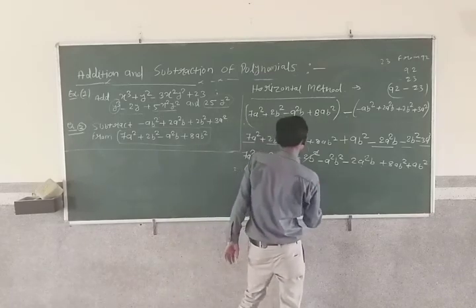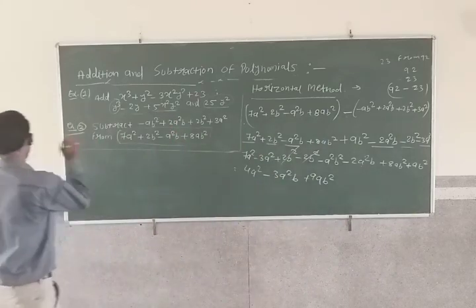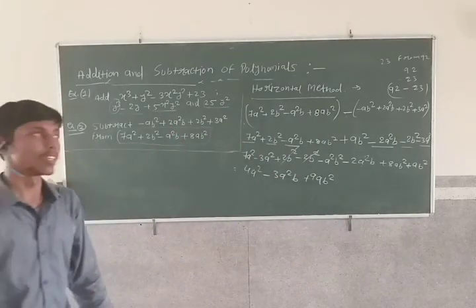And finally the last term will be 9ab square. So like that we can use the horizontal method also.